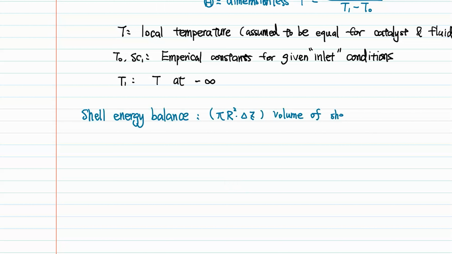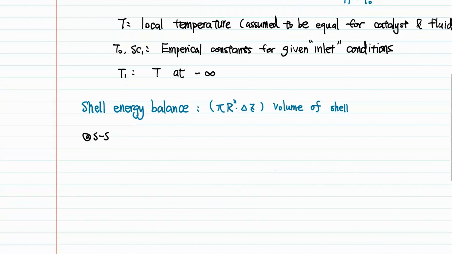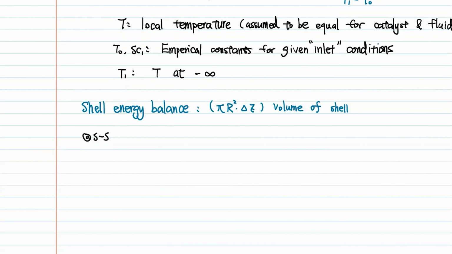To perform our shell energy balance, we know that at steady state there's no accumulation of energy. So we have 0 on the left-hand side, which equals the energy coming in. We're going to use, again, the combined energy flux vector: e_z at z times its cross-sectional area, pi r squared, minus e_z at z plus delta z, also times the cross-sectional area.